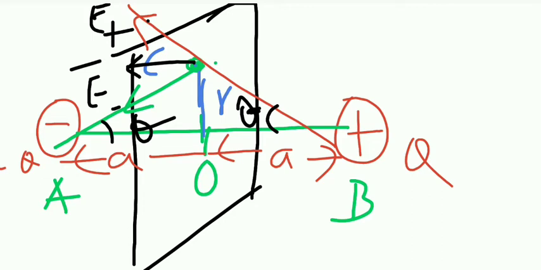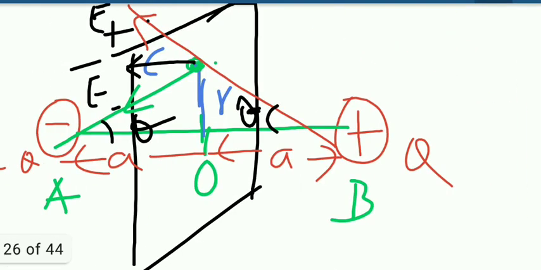Now, what we have to do? We have to study one important thing. The electric field due to the positive charge goes like this. We have seen in the diagram here.